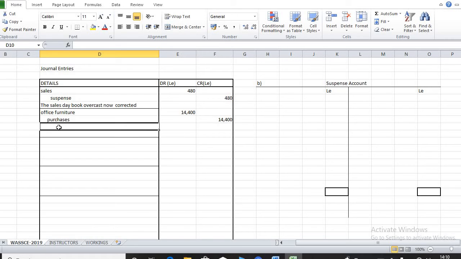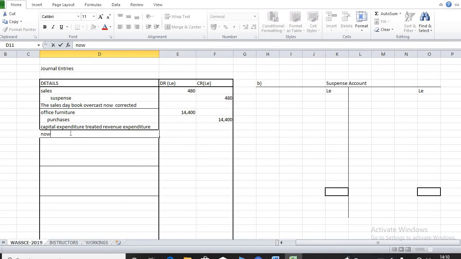So we can say: capital expenditure treated as revenue expenditure now rectified or corrected.